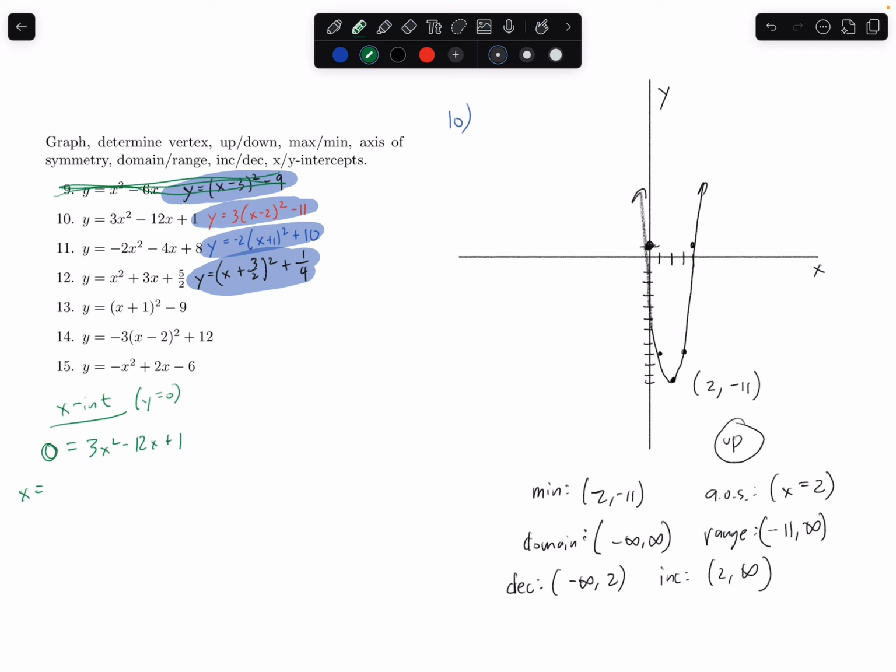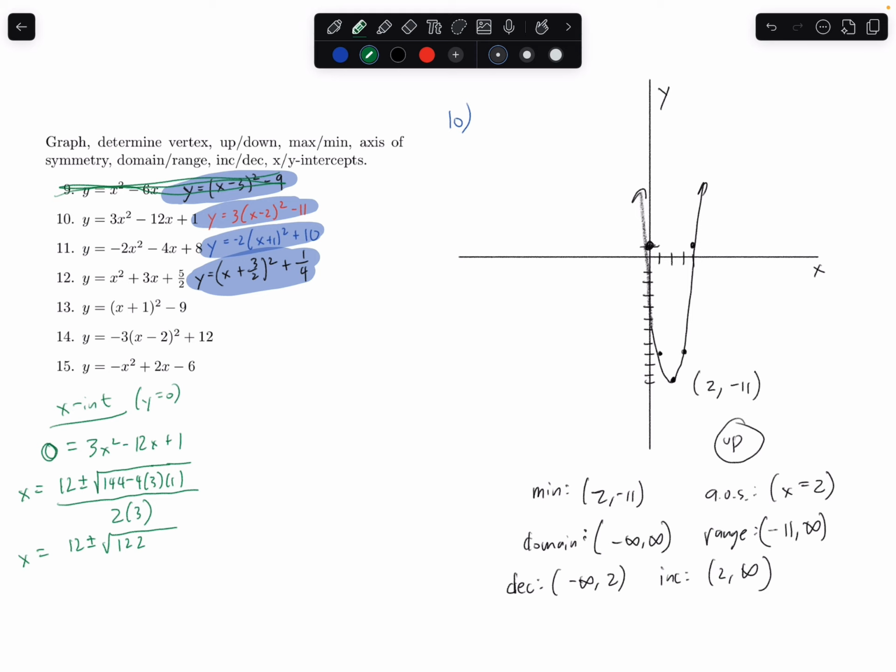So x equals negative b, which is 12, plus or minus the square root of b squared, which is 144, minus 4 times 3 times 1, all over 2 times 3. Okay, so x equals 12 plus or minus square root of 144 minus 4 times 3, which is 12. That's 122.